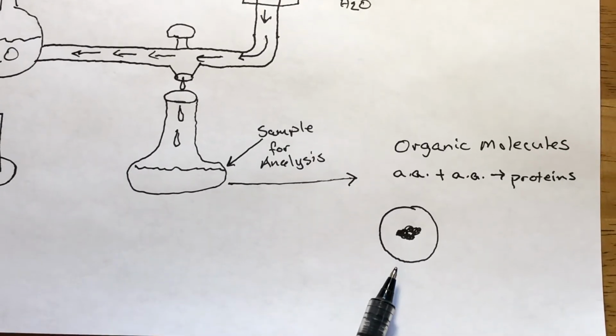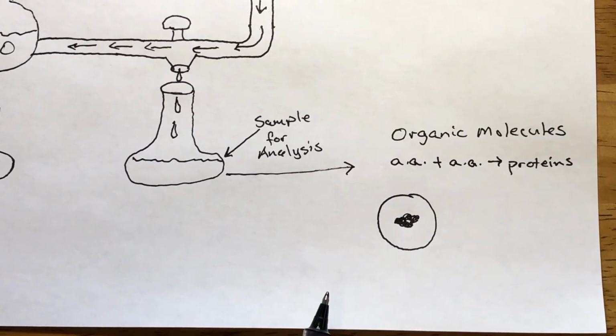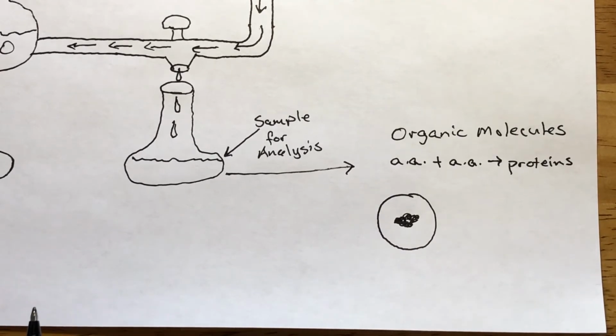Now this is not a cell, but this structure, which your book will refer to as a vesicle, is kind of an important step towards, and has many of the characteristics that cells demonstrate today.